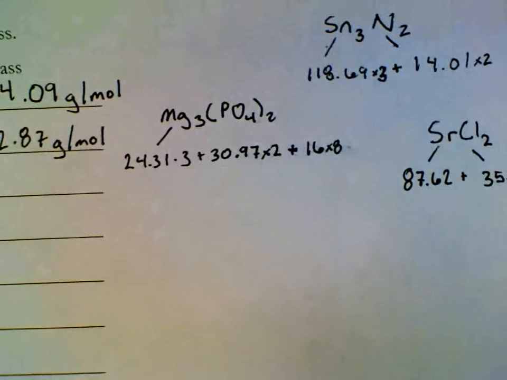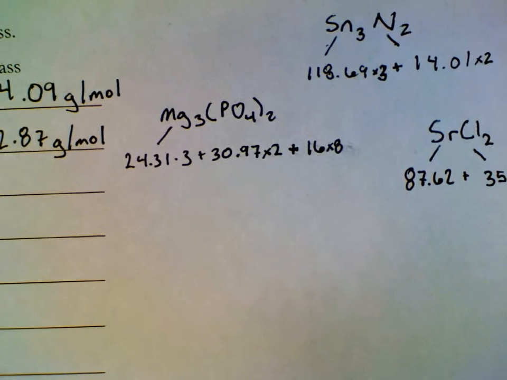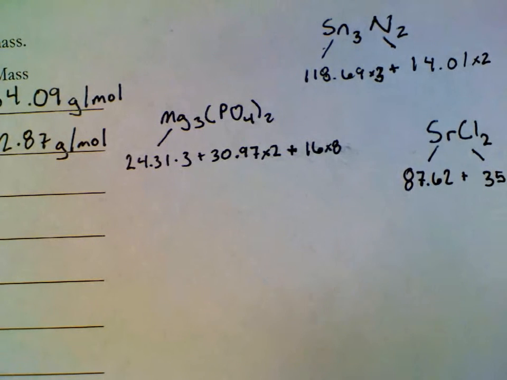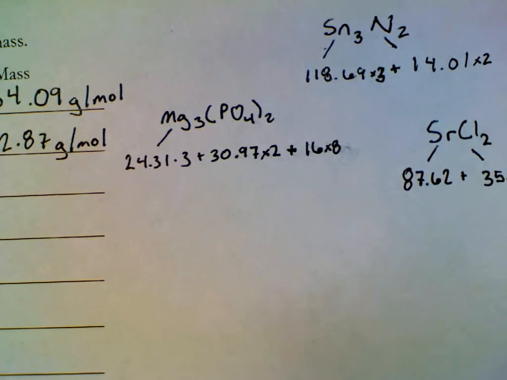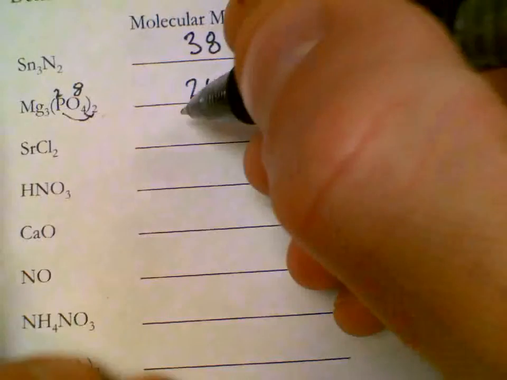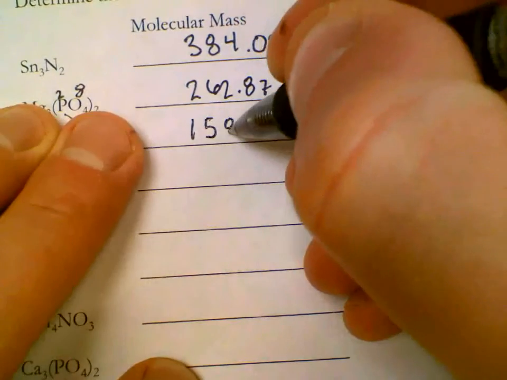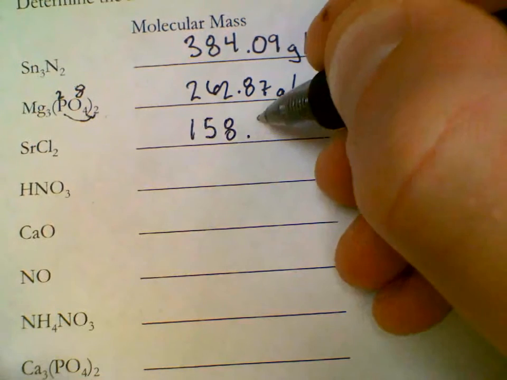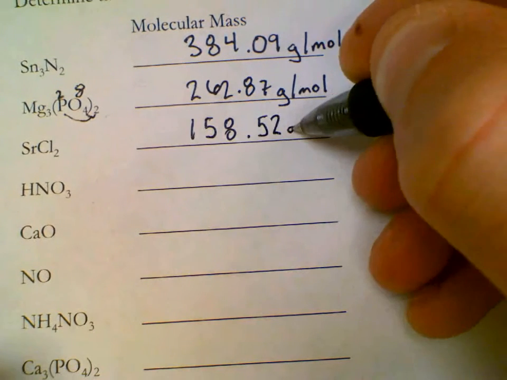Oops, my apologies. 87.62 plus 35.45 times 2 equals a total of 158.52. That's grams per mole.